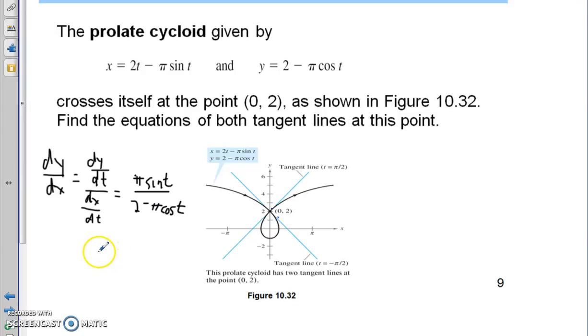And what we need to figure out next, to come up with the equation, is I need to know at what point. Well, we know the point is 0, 2, but that's in terms of x and y, not in terms of t. So let's find that t value. So this would in essence be step 1. Let's take a look at step 2, where we're going to say, well, x is equal to 0, so I'm going to get 0 equals 2t minus pi sine t.